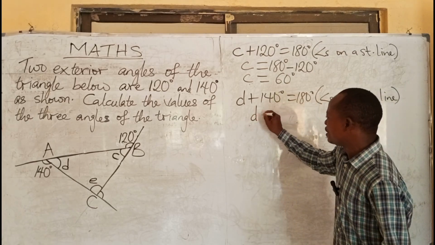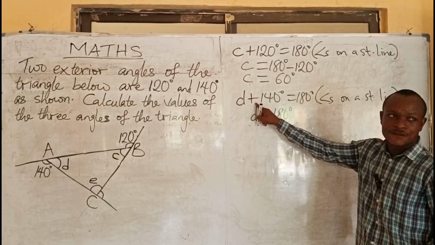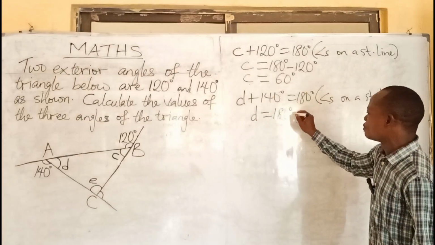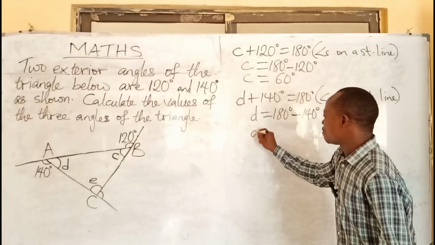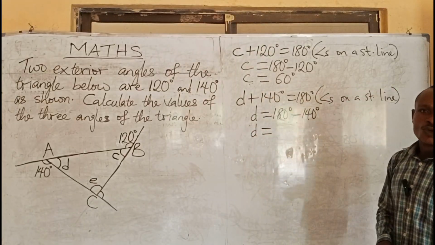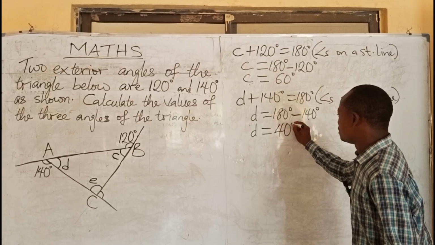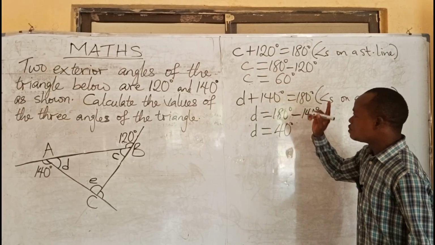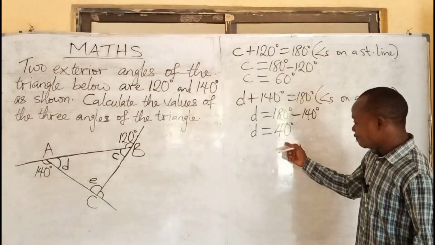We have D equal to 180 degrees, plus 140, moving to this side becomes minus 140 degrees. That means our D is equal to 180 minus 140, which gives us 40 degrees. So we've gotten C to be 60. We've gotten D to be 40.